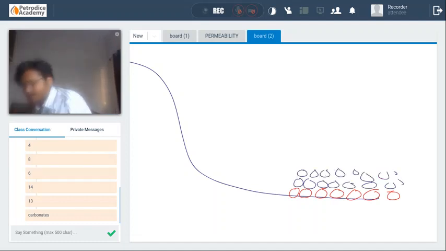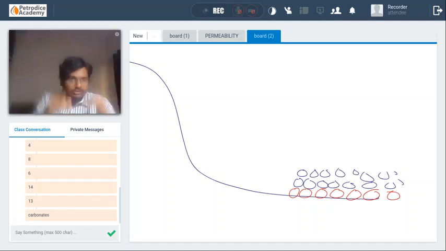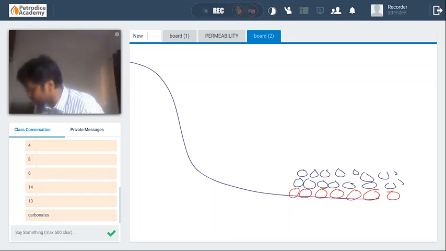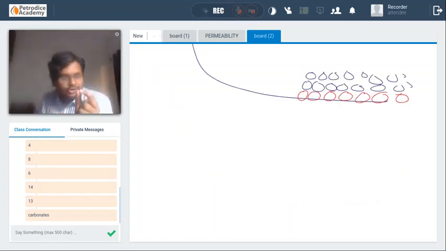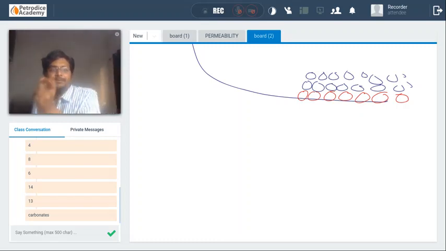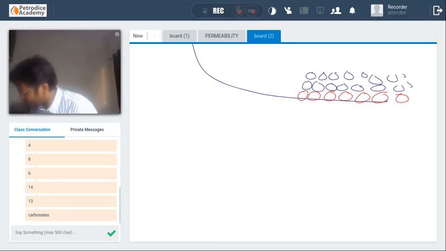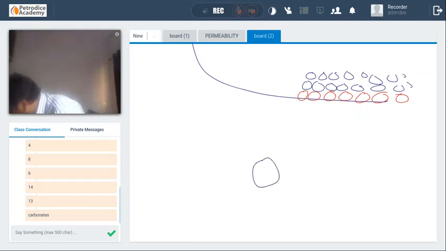As these rock grains go below the subsurface, that is into the formation or into the earth, each rock grain will experience a unique overburden pressure.